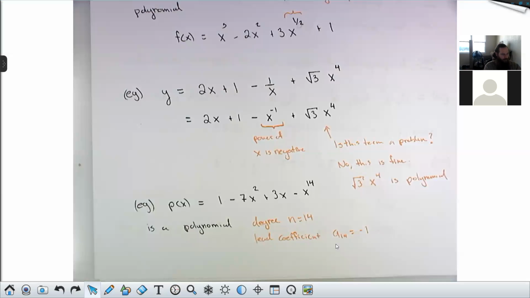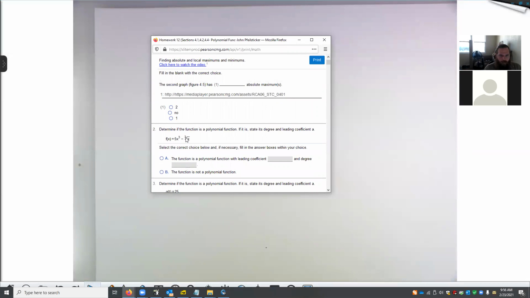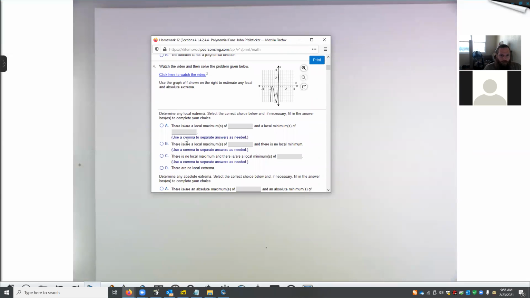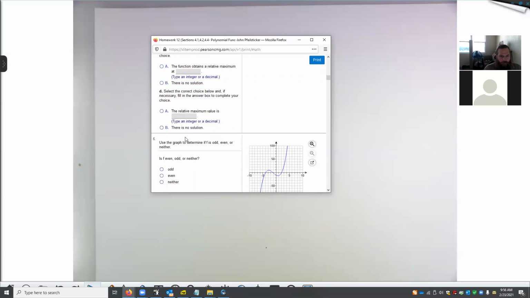Alrighty then. So let's talk about mins and maxes. We use the terms relative and global. Oh no, they use the terms local and absolute, but later they use relative. Whatever, we introduce all of them.